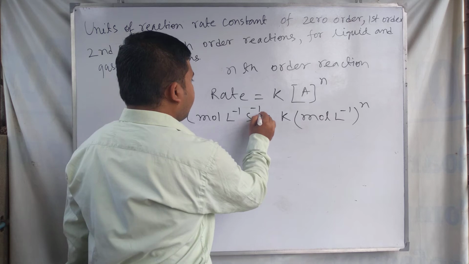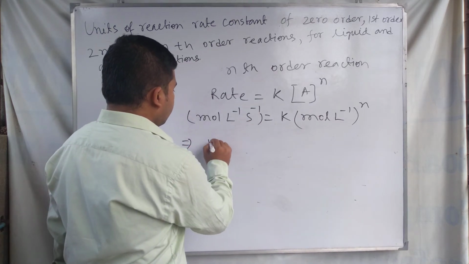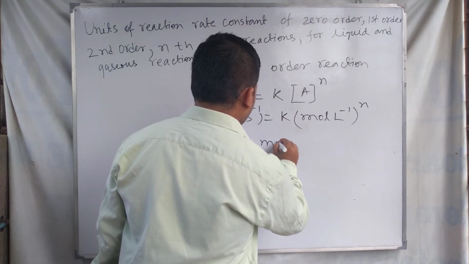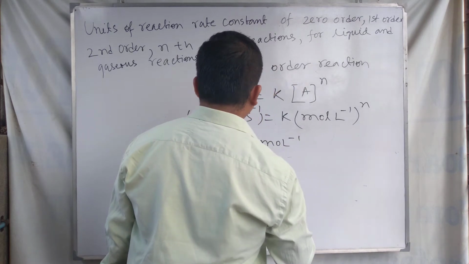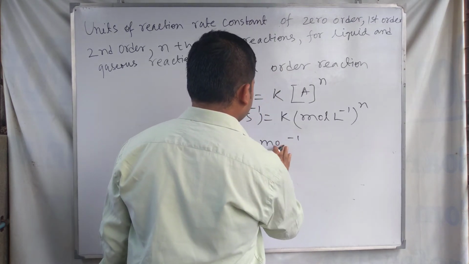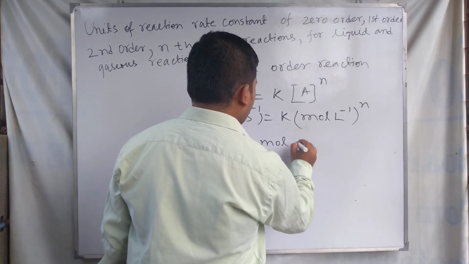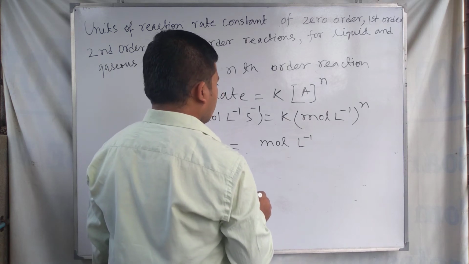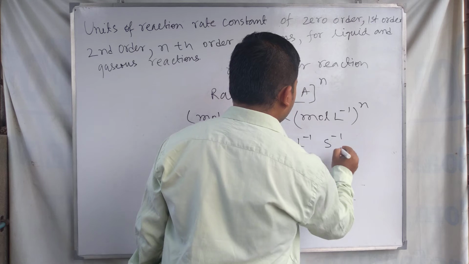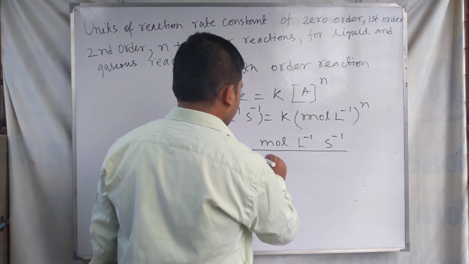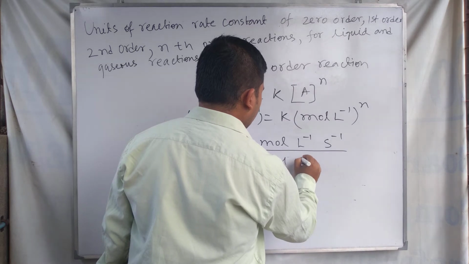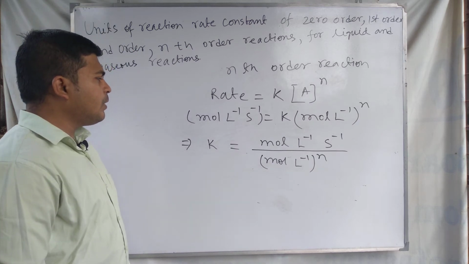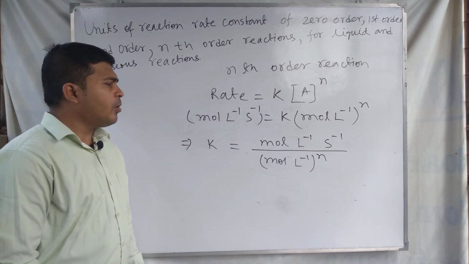Right now k becomes mole liter inverse second inverse divided by mole liter inverse to the power n. This is the unit of the nth order reaction rate constant.